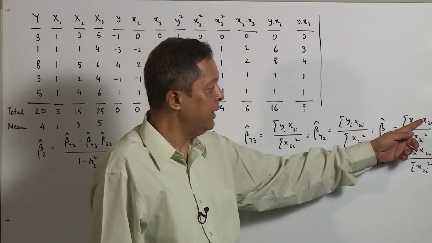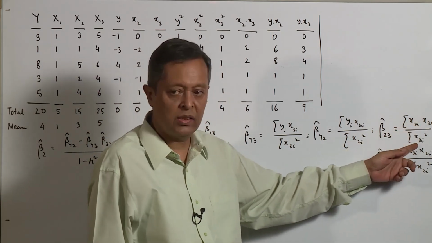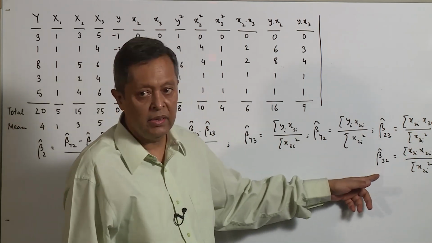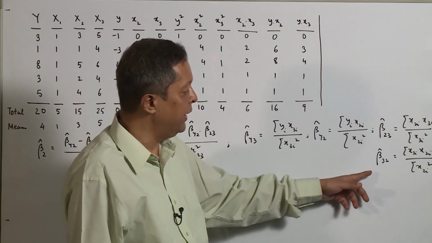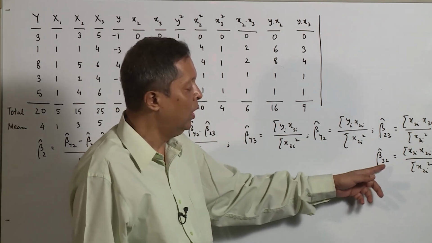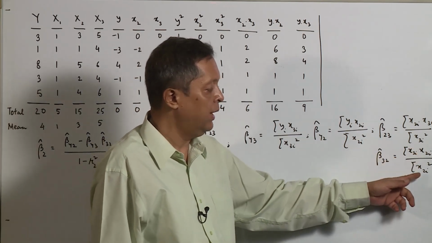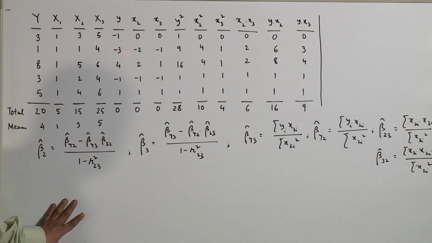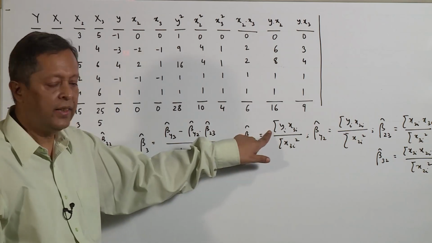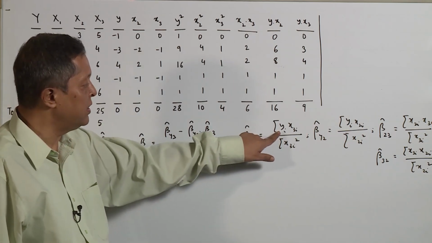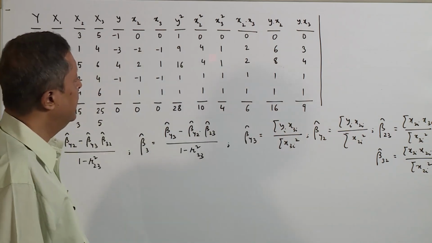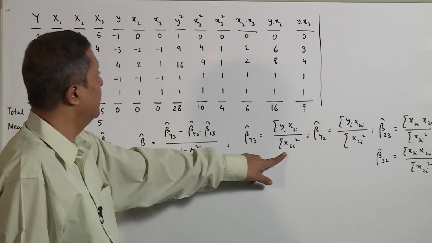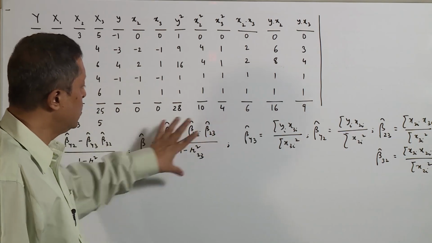So, you have x2 and x3 in the numerator and x3 square in the denominator. Finally, beta hat 32 is the regression coefficient estimated when x3 is regressed on x2. So, you have x3 and x2 in the numerator and x2 square in the denominator. All that we need to do is to substitute these values. For example, summation yi x3i is 9 divided by summation x3i square, that is 4, and so on and so forth.